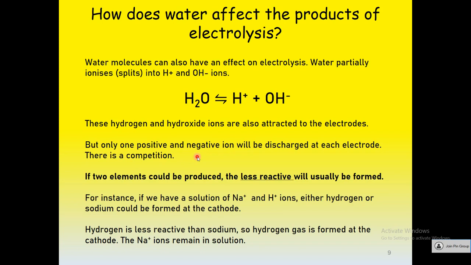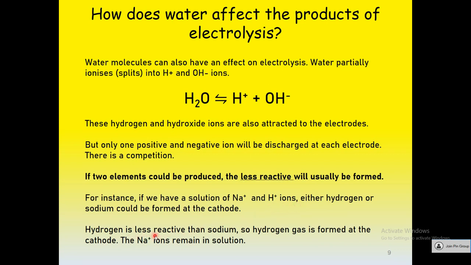They're in competition. And what happens is, if two elements could be produced, the one that is less reactive is the one that usually will be formed. So if, for instance, we've got, let's say, sodium ions as well as hydrogen ions in our solution, we could in principle form either sodium or hydrogen at the cathode.